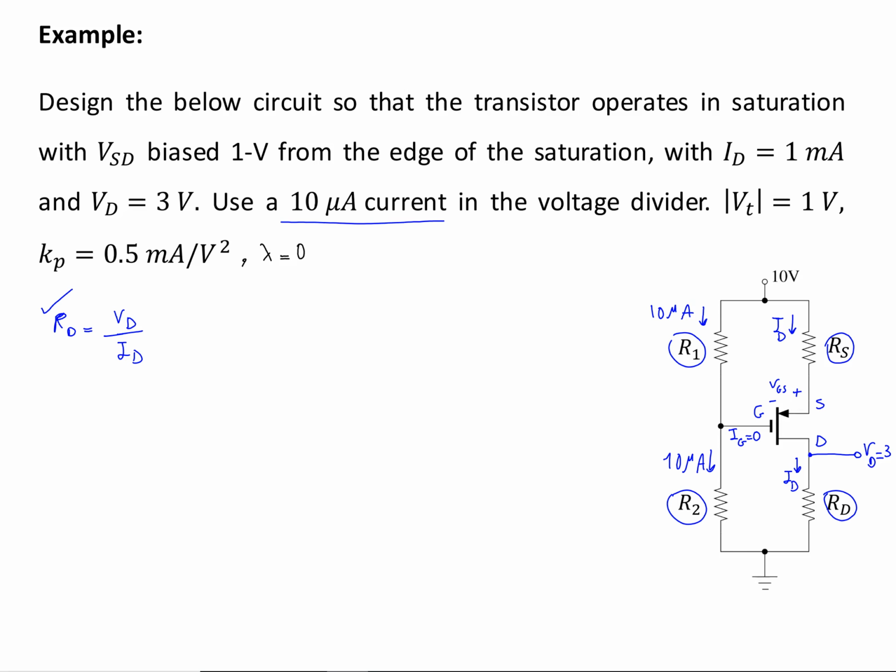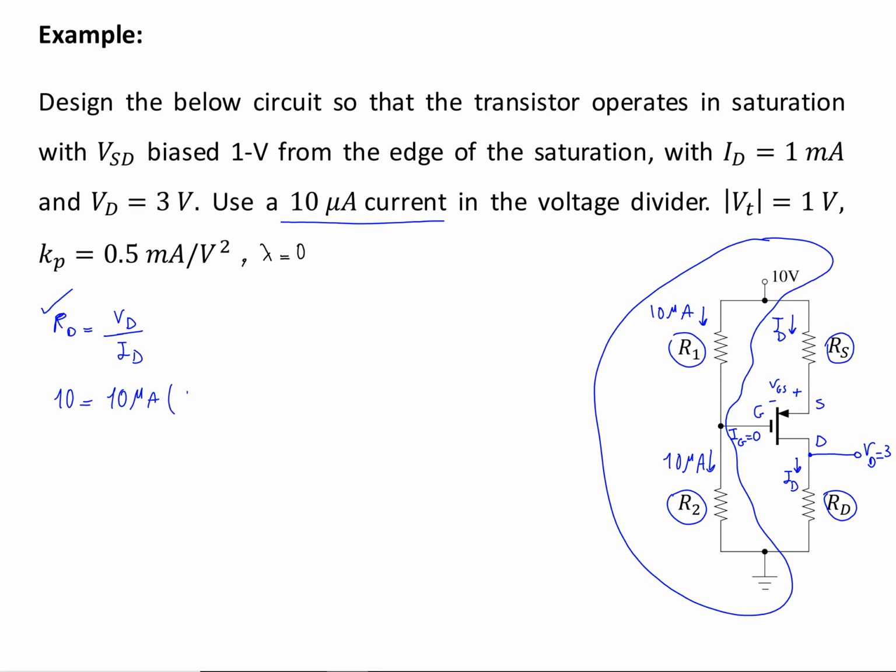For the voltage divider network, I have the current that flows through R1 and R2, so I can write 10 volts equal to 10 microamp times R1 plus R2. So that's one equation that I have. I can use it to calculate R1 and R2.